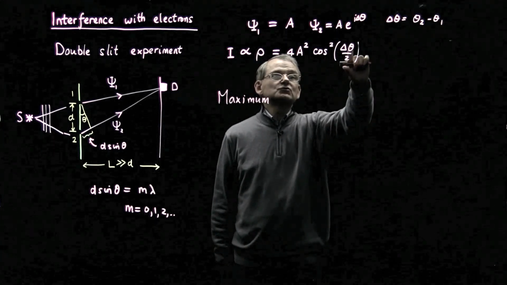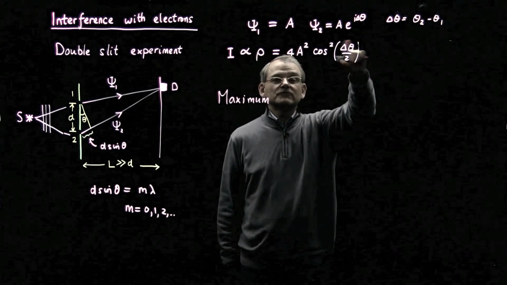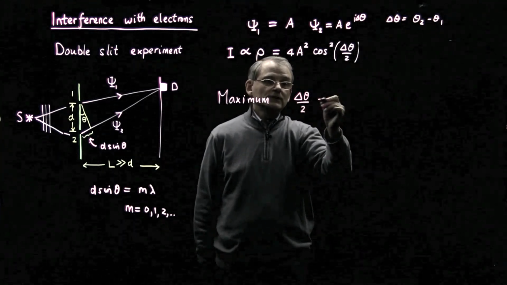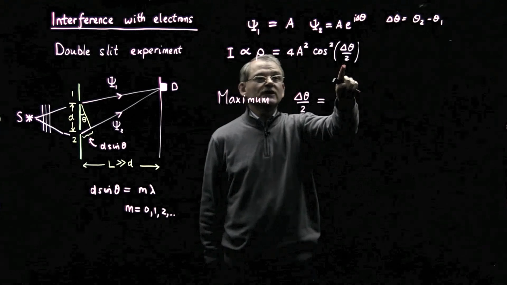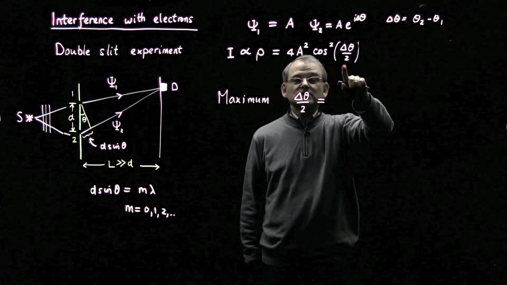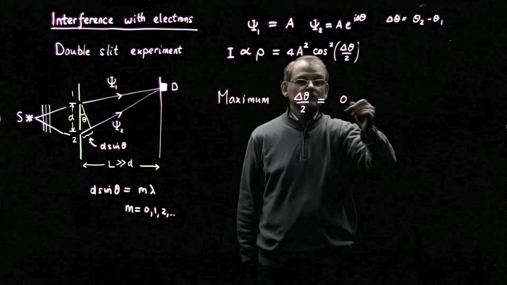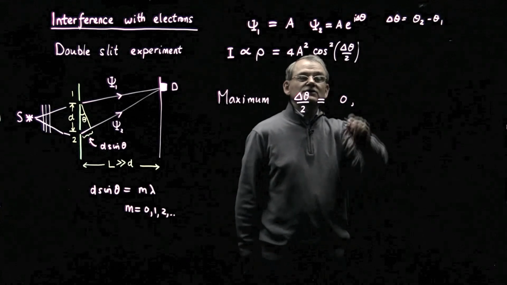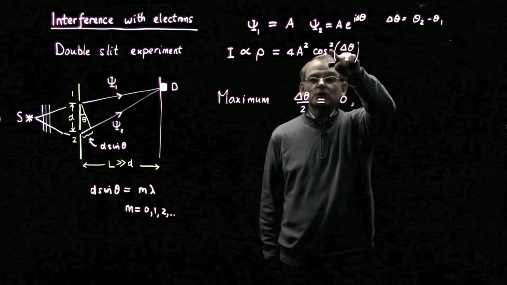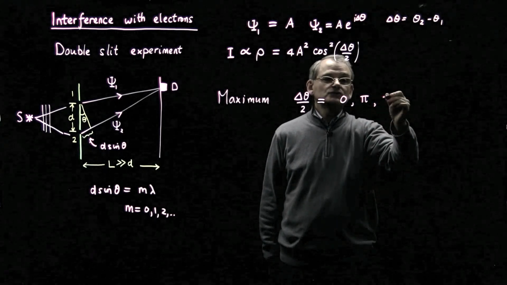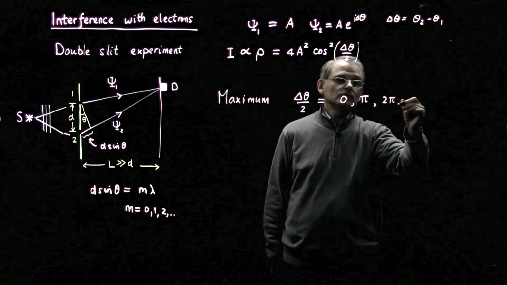Cosine squared will be a maximum when the argument, delta theta on 2, is equal to, well, if I put 0 there, I get cosine squared of 0, which is clearly a maximum. It's 1. So let's have 0. If I let that equal pi, then cosine of pi is minus 1, but the square of it is 1, so pi is fine. Likewise 2 pi, and so forth.